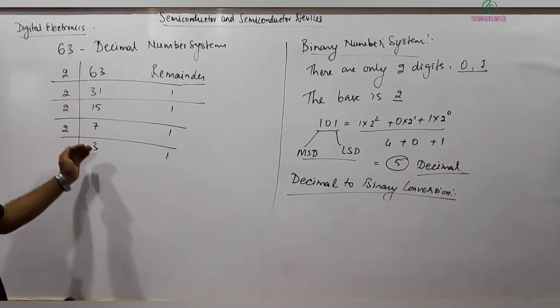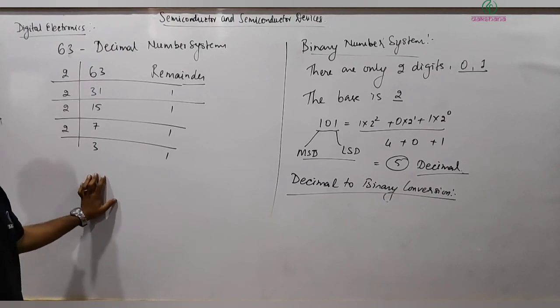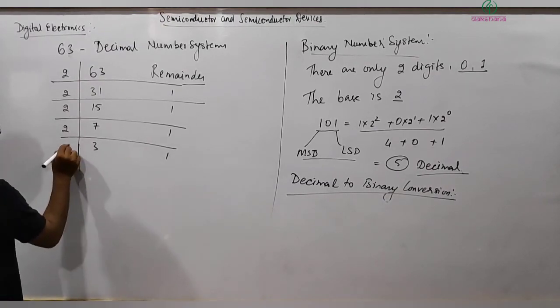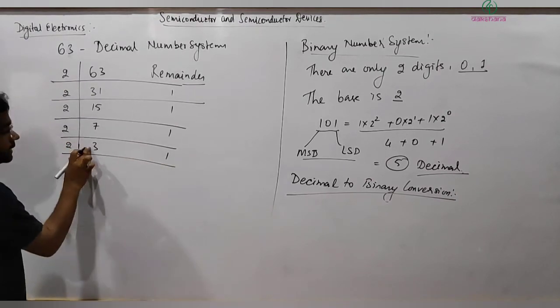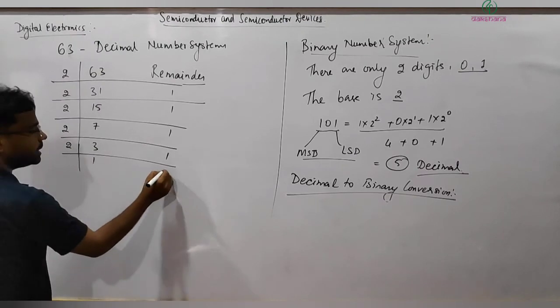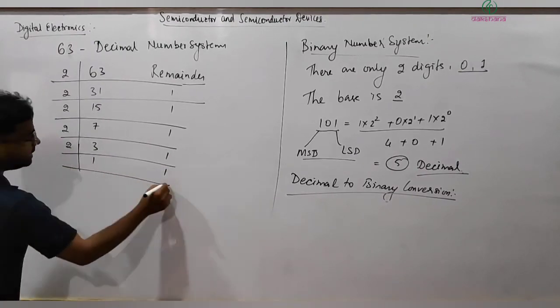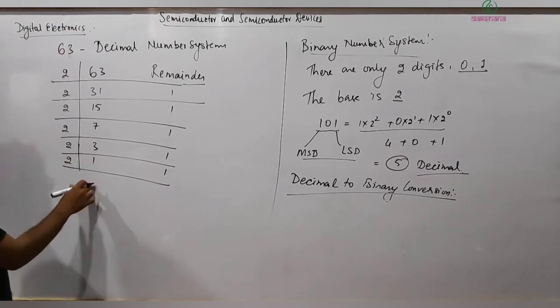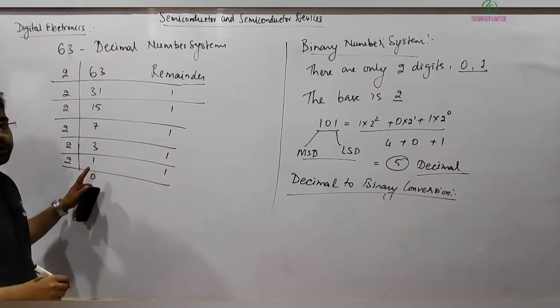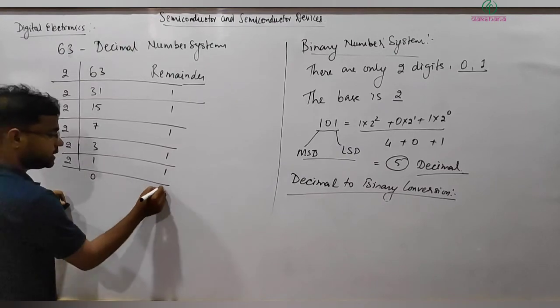We will keep on dividing until we finally get quotient 0. So if I divide 3 by 2 one more time, it will be 1 time, and the remainder will be 1. Now if I divide again, you can see there will be no quotient, the quotient will be 0, it will be divided 0 times, and the remainder will still be 1.